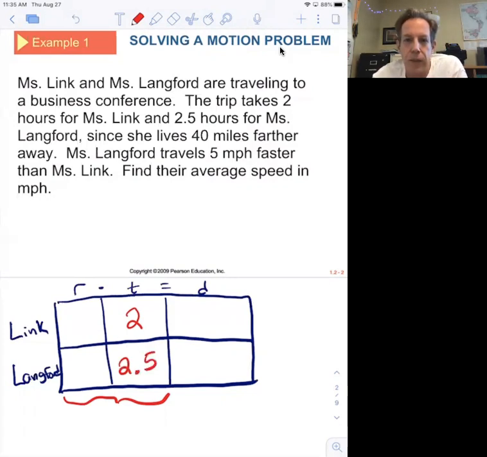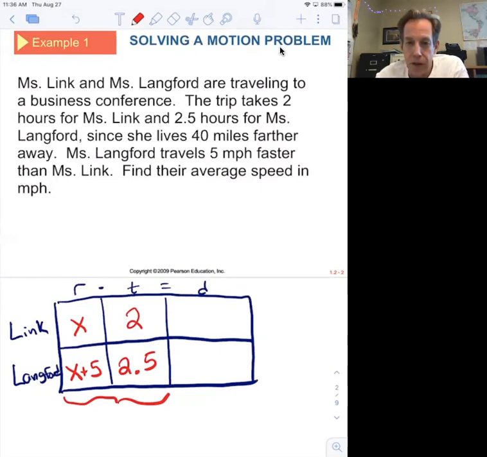And then it talks a little bit about the rate, which it says Miss Langford travels 5 miles per hour faster than Miss Link. So we don't know either speed, but we know that Miss Langford goes faster. So if we say Link drives at x, then Langford's rate is x plus 5. Okay. Again, those first 2 columns, we always fill in from the problem.